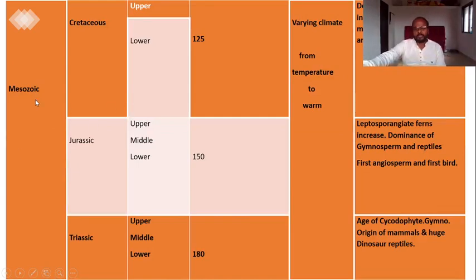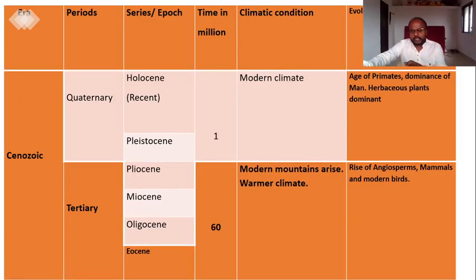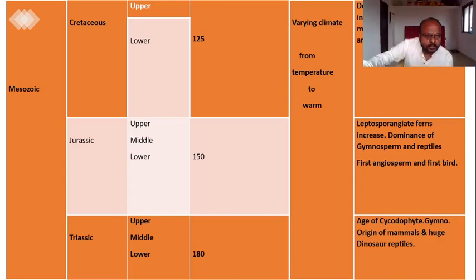Meso means middle, Zoic means life form, middle life form, and this is again divided into three periods. The first one is the Triassic, second is the Jurassic, third is the Cretaceous period. The Triassic period was from 180 million years ago, divided into upper Triassic, middle Triassic and lower Triassic.